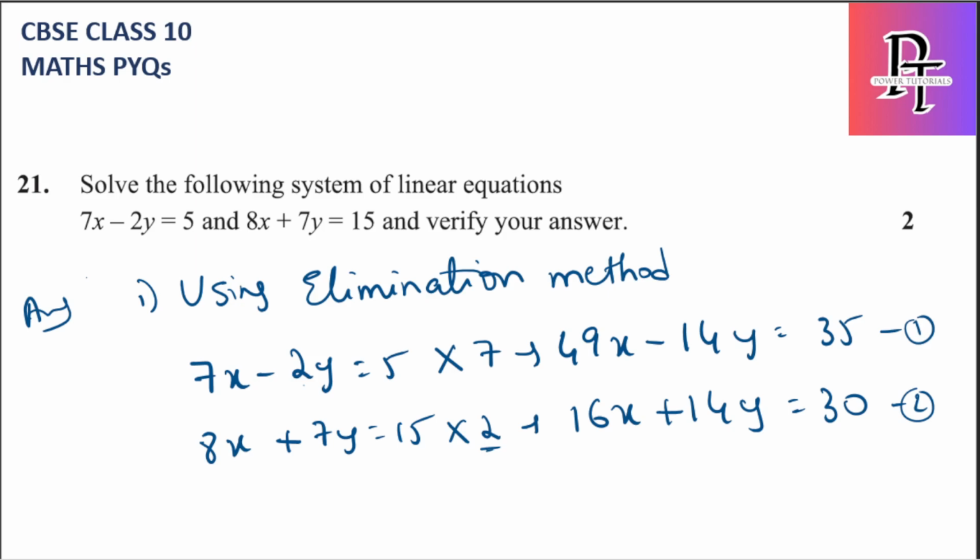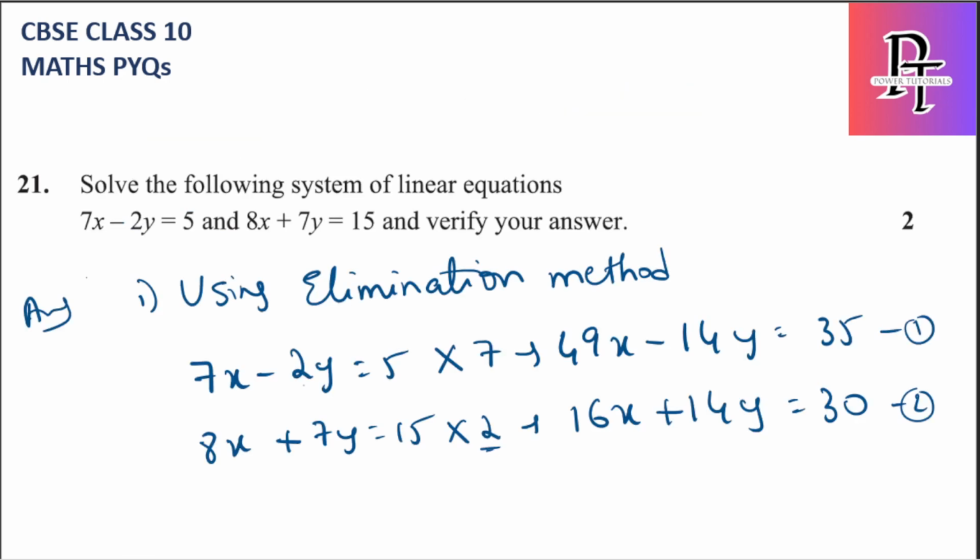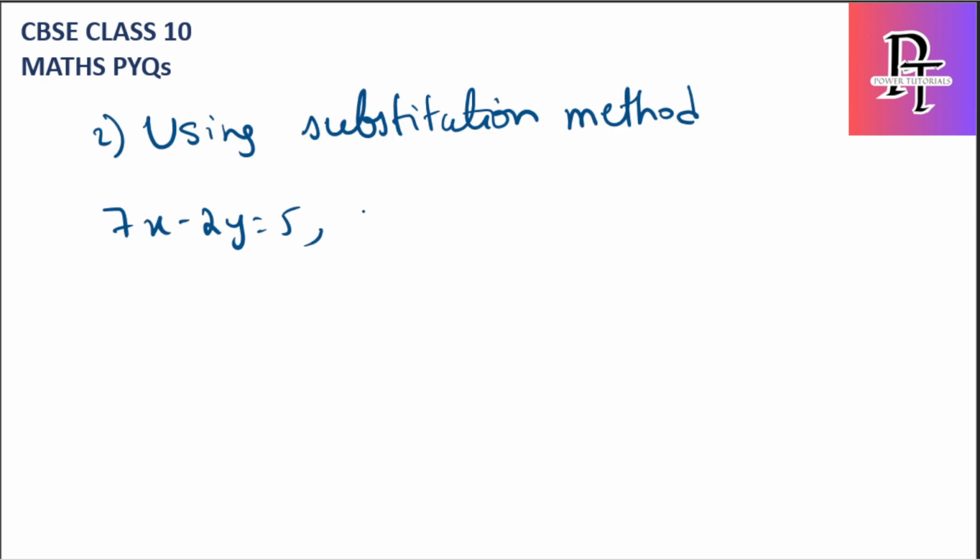7x minus 2y equal to 5. Second equation, 8x plus 7y equal to 15. Okay, so what I will do is get the y value here and substitute it in the second equation. So let's find the y value.